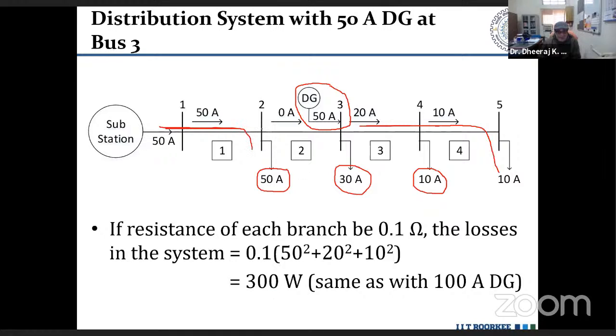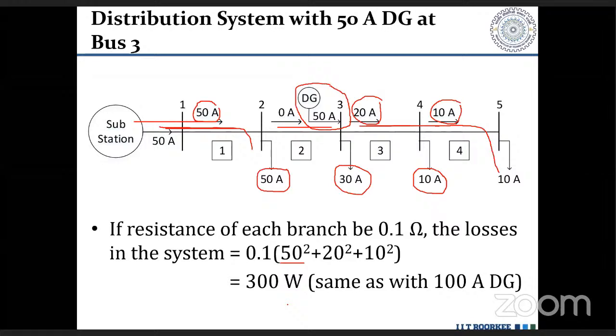So again, we can compute the losses. So 50 square, then here there is no current, so no losses. 20 ampere, so 20 square, and finally 10 square.